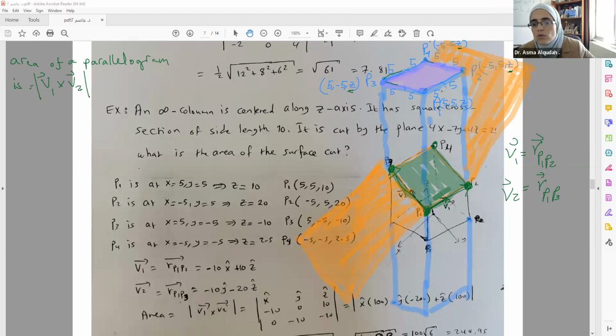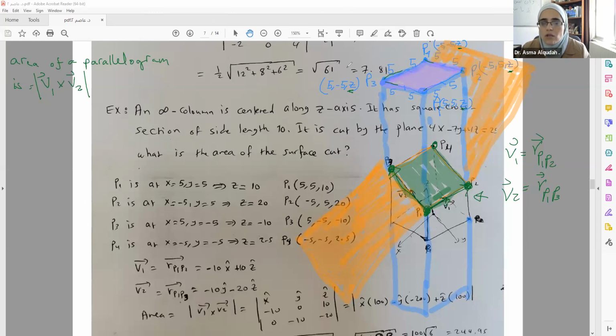We assume that all the points are at the same height, so we give the same z component for each of the 4 points. Okay, but in the general shape here, we can't assume that the z component for each of the points is the same.